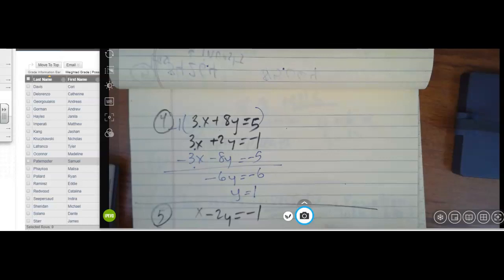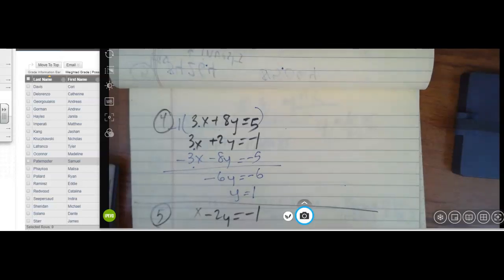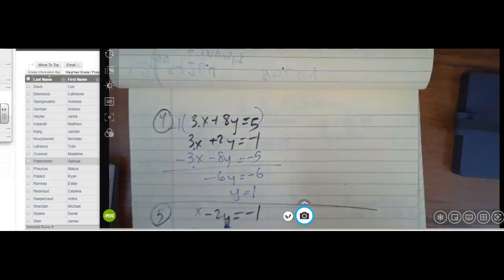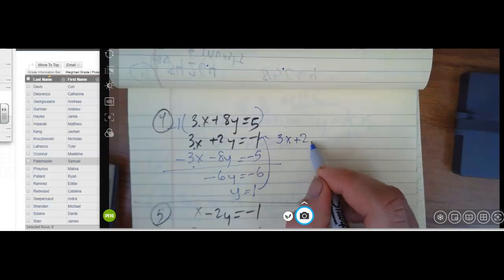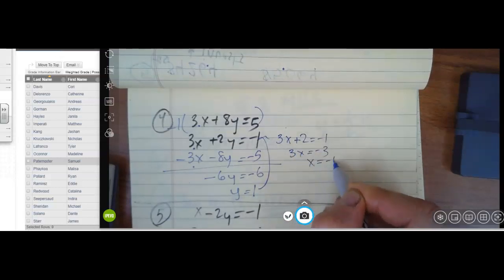If y equals 1, you can substitute that back into one of these equations: 3x plus 2 equals negative 1. So 3x equals negative 3, x equals negative 1. So you get negative 1 comma 1.